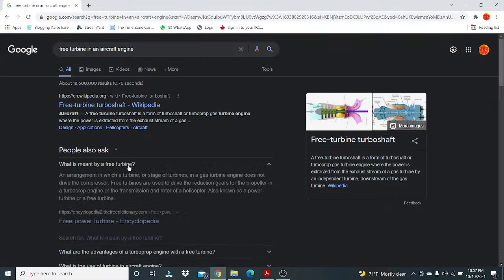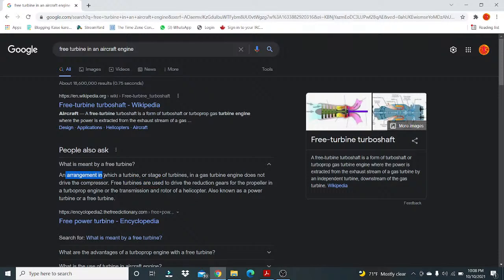Now what is free turbine? This is a gas turbine that does not drive the compressor. Used to drive reduction gears for the propeller in a turboprop engine or the transmission and rotor of a helicopter, also known as a power turbine or free turbine.